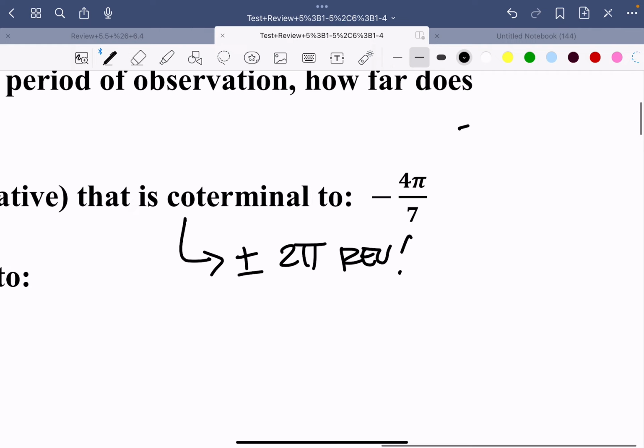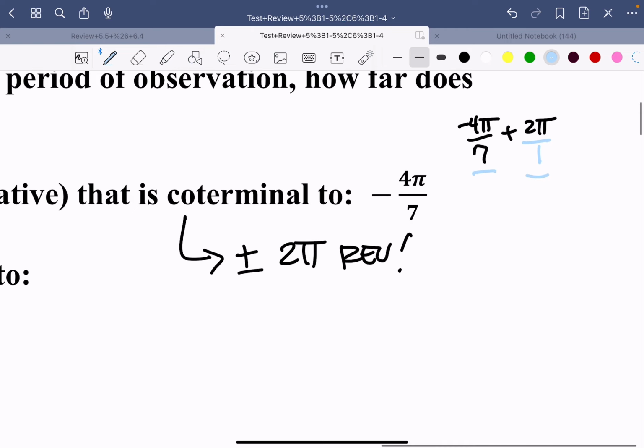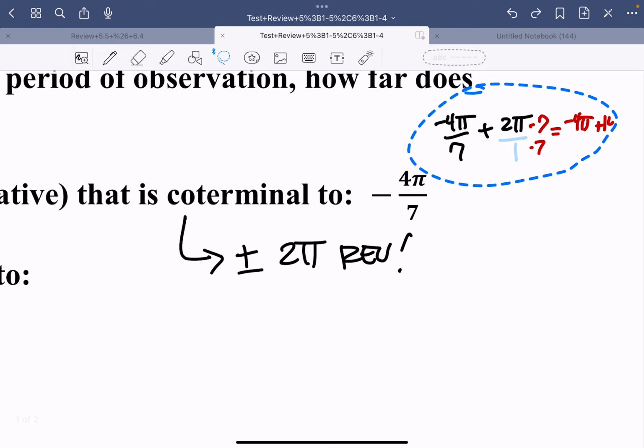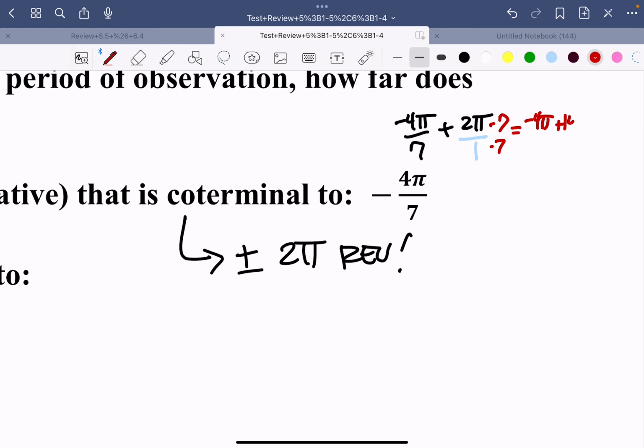So we can come over here and take this plus 2 pi, and notice that 2 pi is the same as 2 pi over 1, but I want it to be the same denominator, so I hit this over here with a 7 over 7, so I really have negative 4 pi plus 14 pi. So 4 pi over 7 plus 14 pi over 7 is 10 pi over 7. So that's coterminal to the original.